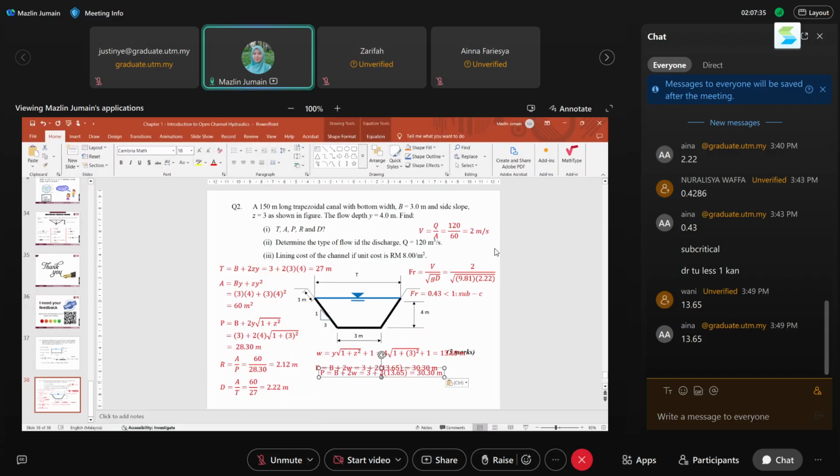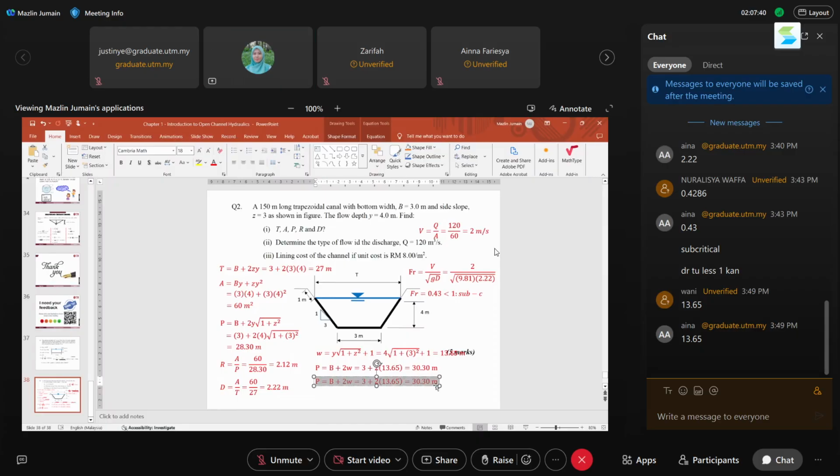And then to get the lining cost, so P, the wetted perimeter times with L, the length, then you need to times with the cost, RM8 lah.